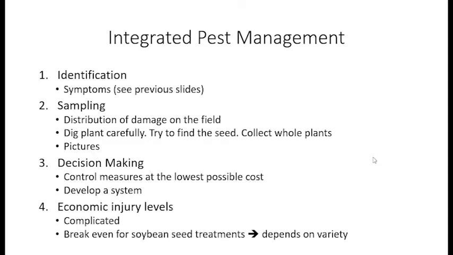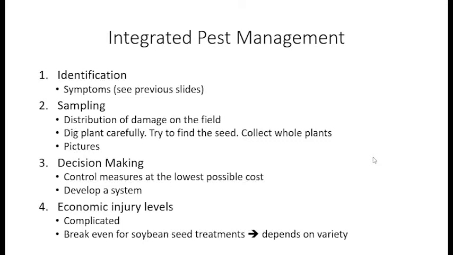I recommend always looking into an integrated pest management system. For that, I'm just putting here the first four steps of IPM practice. Identify them. I recommend you identify them based on symptoms. I put the pictures there on your handouts also, and that's how you can see if there is an issue with seedling diseases.